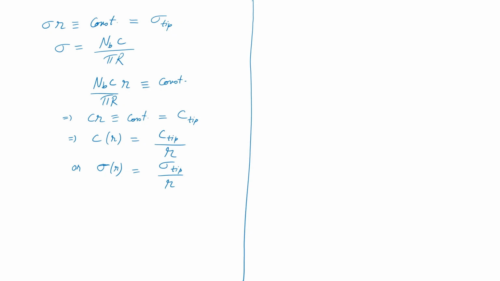So, how does my chord vary now? What is this equation? Also hyperbola, right? So, it tells me that my chord distribution should also be hyperbolic if I want my angle of attack to be optimal and my inflow to be uniform.